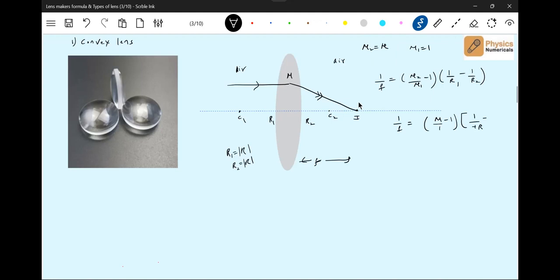What about R2? R2 will be negative because of how you measure the radius. Here R1 you measure in the direction of the incident ray, whereas R2 you measure opposite to the incident ray. So this will become minus R. So 1 by F equals mu minus 1 times 2 by R, or F equals R by 2 into mu minus 1.